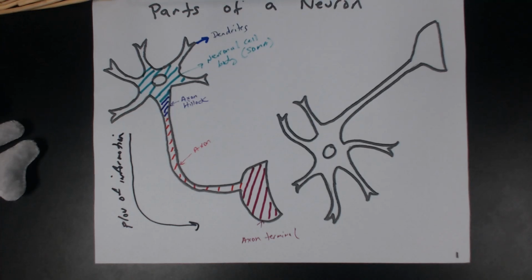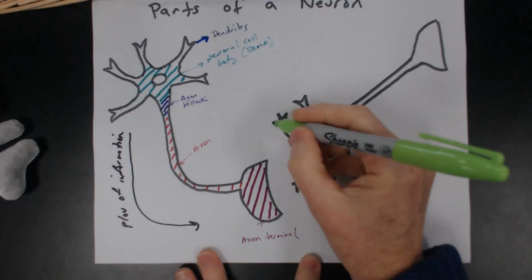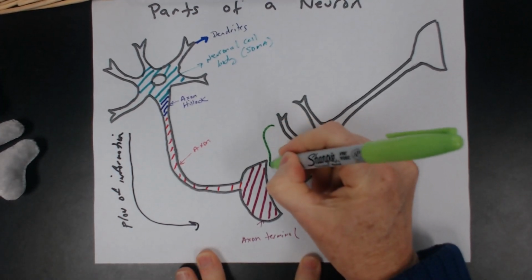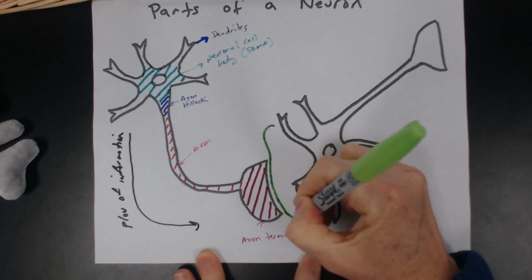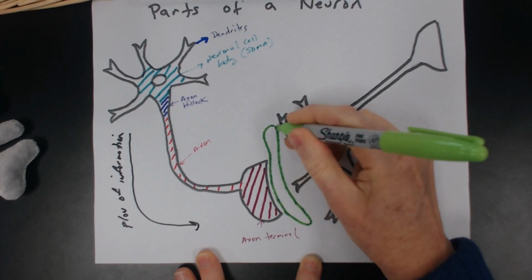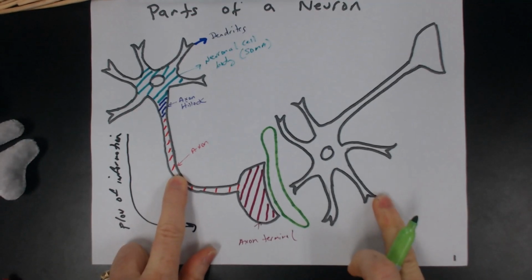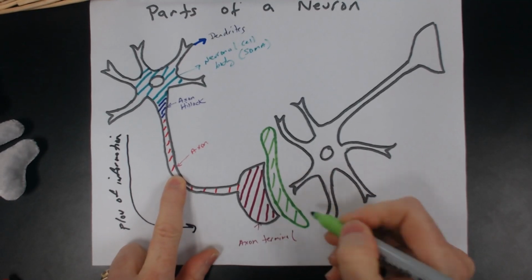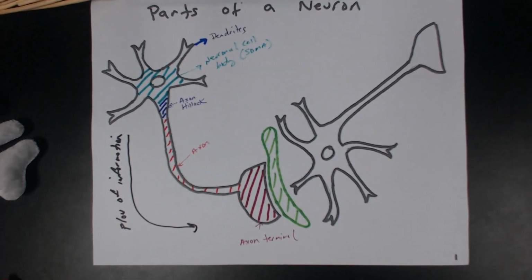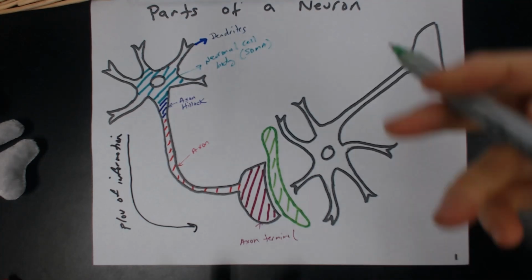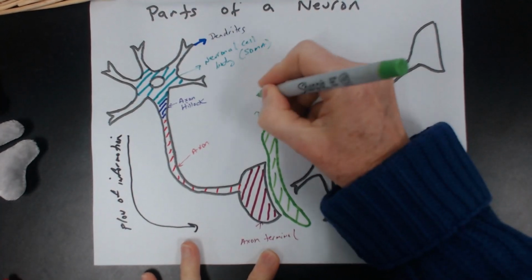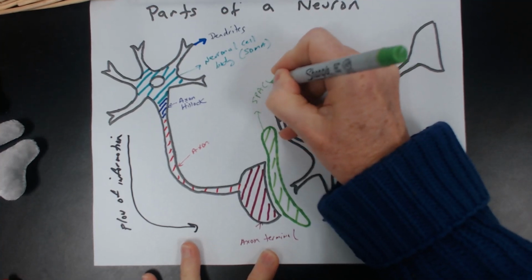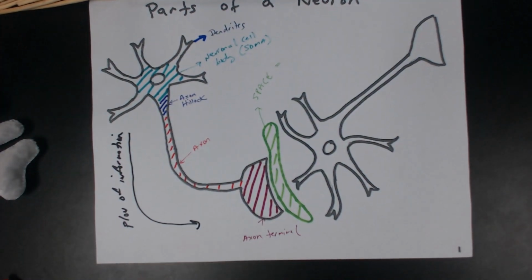And then there's going to be this space. I'm just going to draw it here in green. It's the space between this first axon and this second axon. I'm going to label that as space. And that space has a special name, and it's called the synaptic cleft.